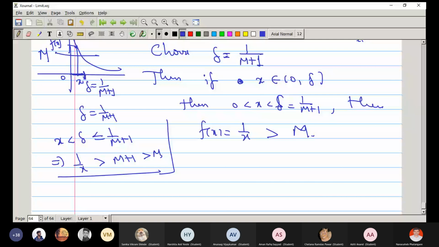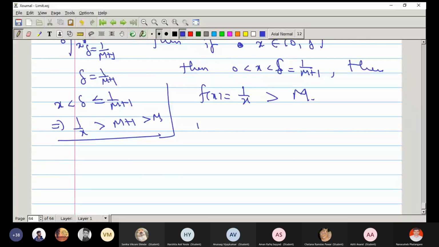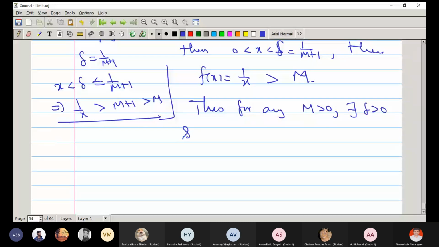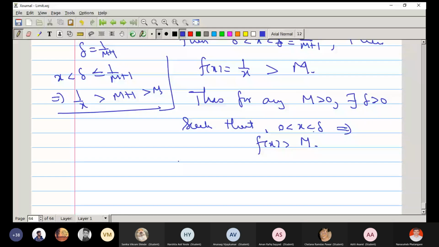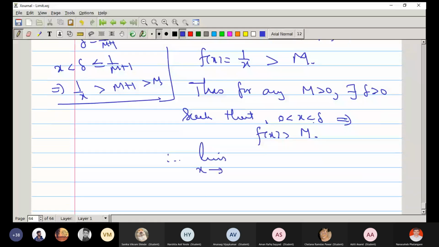So thus, for any m greater than 0, we can produce delta such that whenever 0 less than x less than delta, that means x lies in between 0 and delta, then f of x is greater than m. Therefore, what we can conclude, if you approach 0 from the right side, 1 upon x approaches towards infinity.